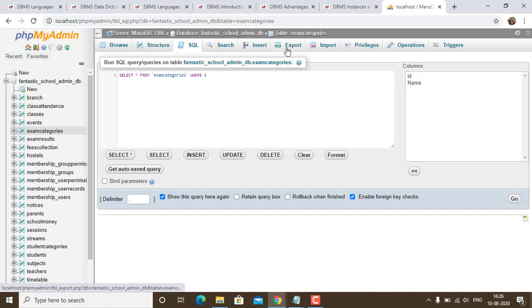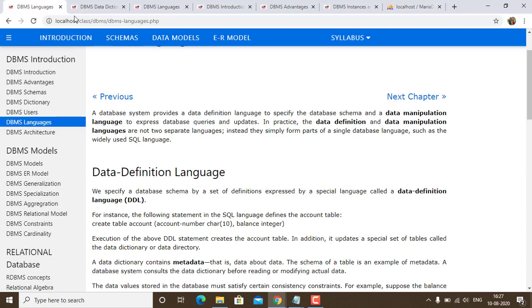This is a table named exam categories, and in the exam categories table we have two columns, ID and name. Using DDL and DML, we work on database queries. This is the local server, the WAMP server, which I showed you.